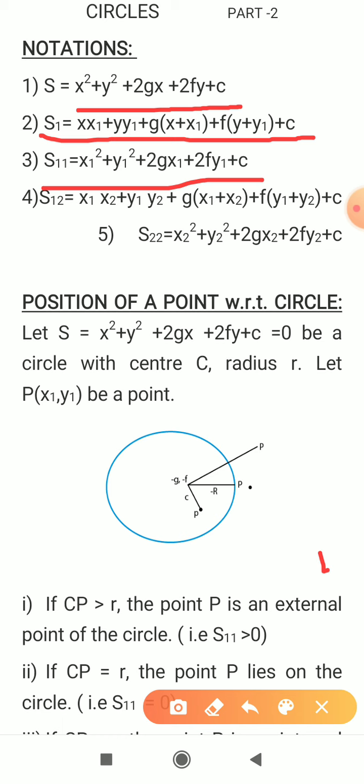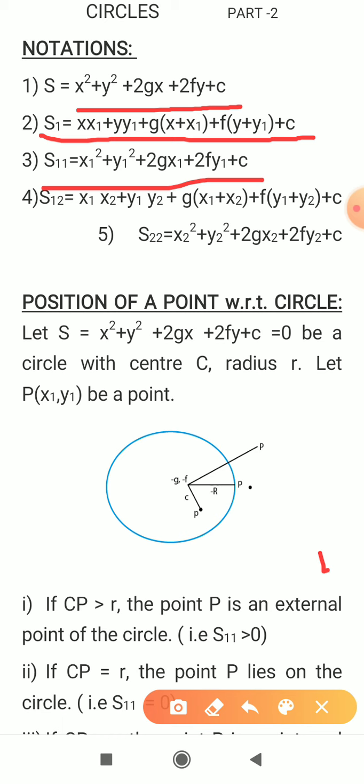We have x1 square plus y1 square plus 2gx1 plus 2fy1 plus c. This is nothing but putting x1, y1 in the place of x, y in the equation of the circle: x1 square for x square, y1 square for y square, 2gx1 for 2gx, 2fy1 for 2fy, plus c. This is denoted by S11.